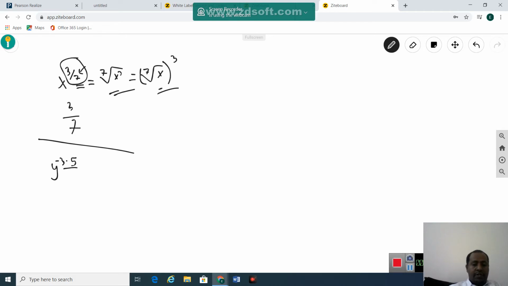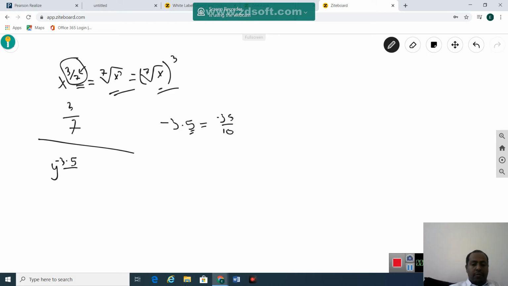So let's convert negative 3.5 to rational expression. So negative 3.5 is the same as negative 35 over 10, since we have only one digit after the point, so the denominator will be 10.